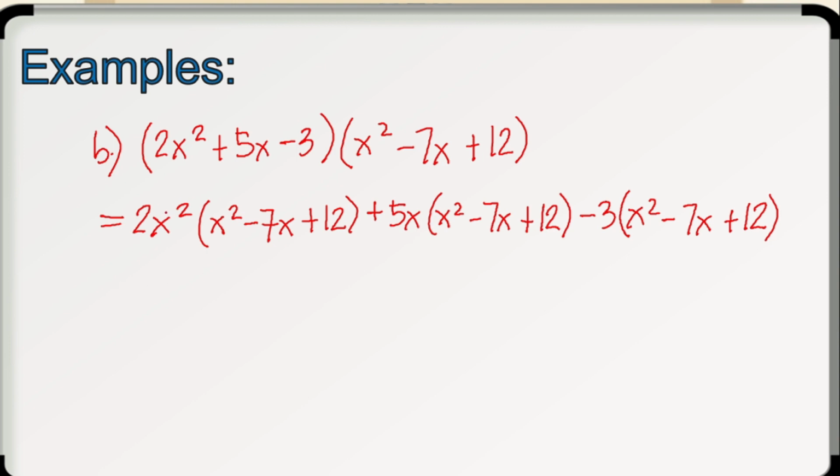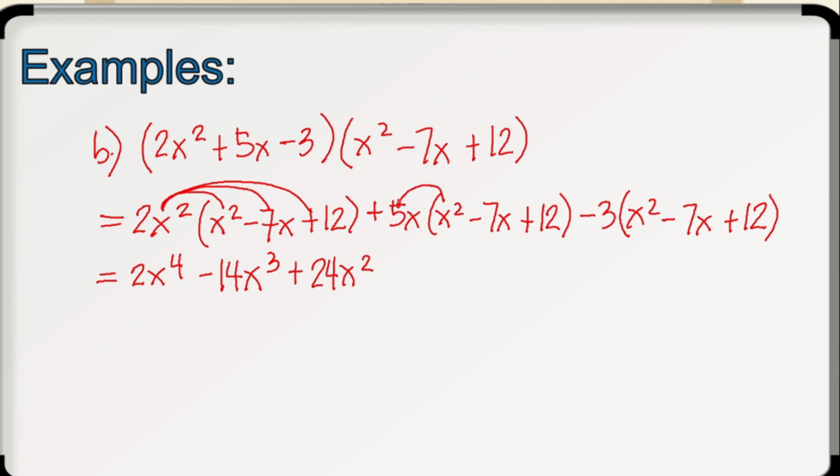Then, multiply 2x squared to each term of the second polynomial, which is 2x squared times x squared is 2x raised to 4. 2x squared times negative 7x is negative 14x cubed. 2x squared times 12 is positive 24x squared.